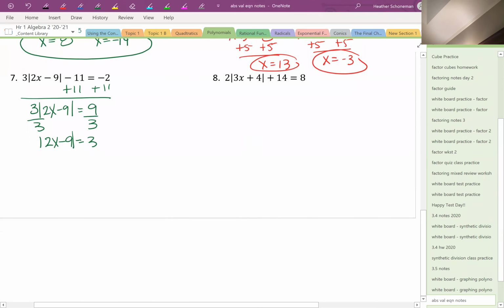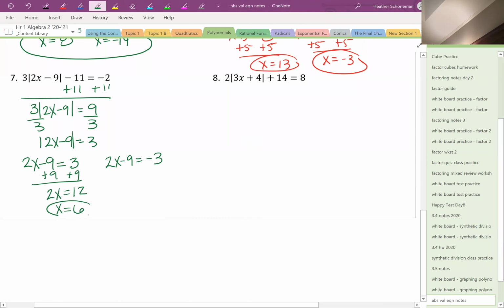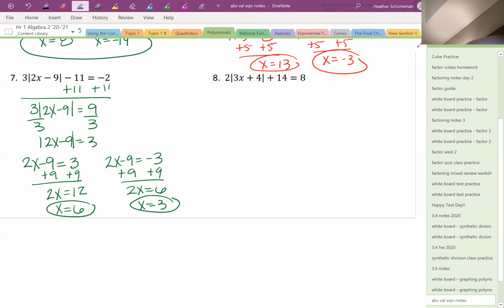Now that the absolute value is by itself, now I can rewrite it into two equations. So one is 2x minus 9 equals positive 3, and the other is 2x minus 9 equals negative 3. Here I'm going to add 9. So I get 2x equals 12, so x is 6. Here I'm going to add 9 again, but this time I get 2x equals 6, so x is 3.